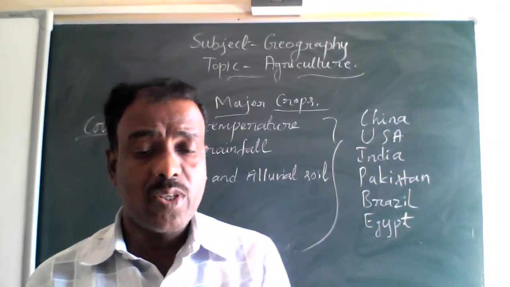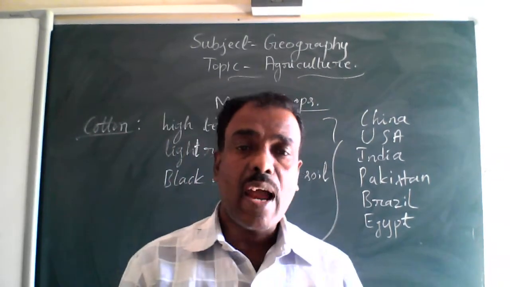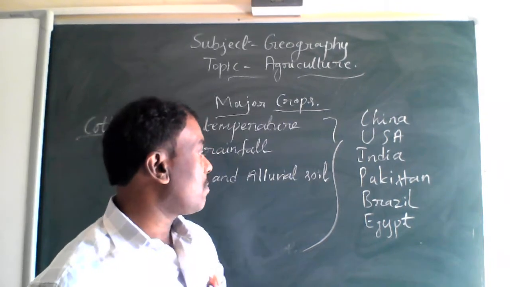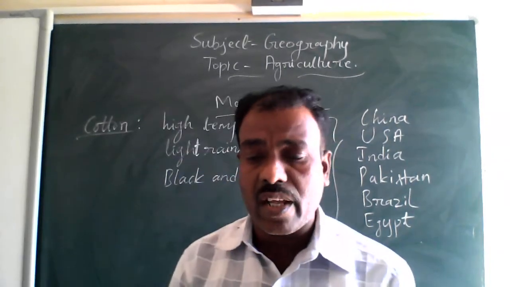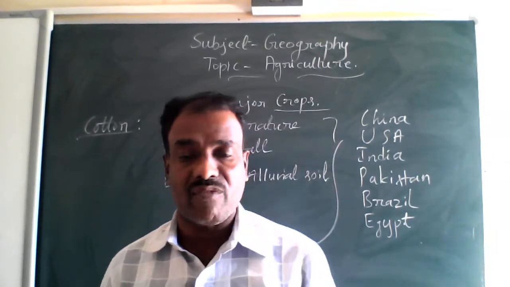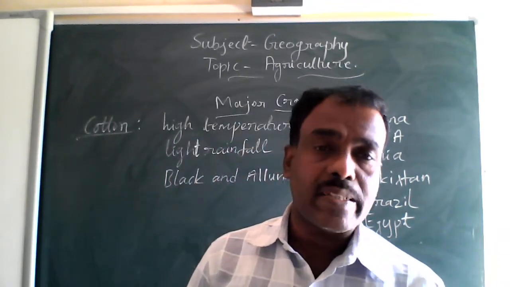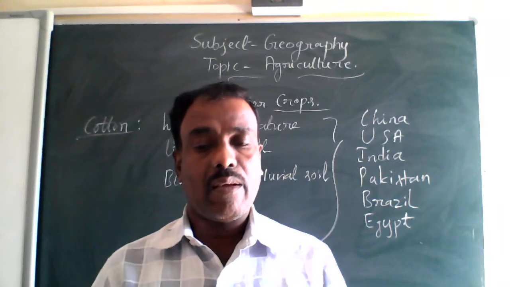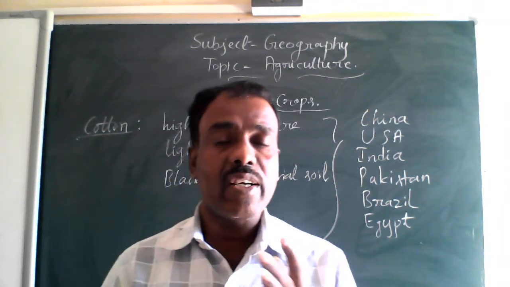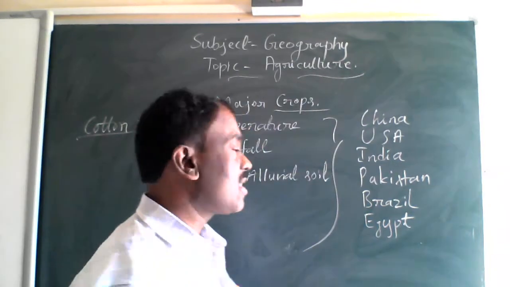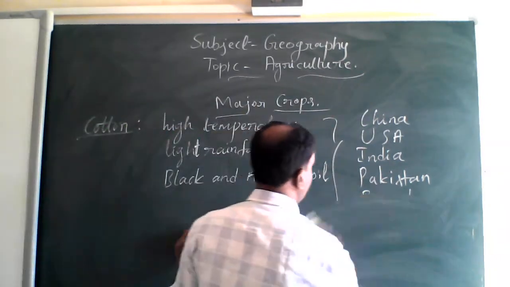The leading producer of cotton is China, followed by the USA, India, Pakistan, Brazil, and Egypt. And it is one of the most important raw materials for the cotton textile industries. Getting it now? Now let us discuss jute.